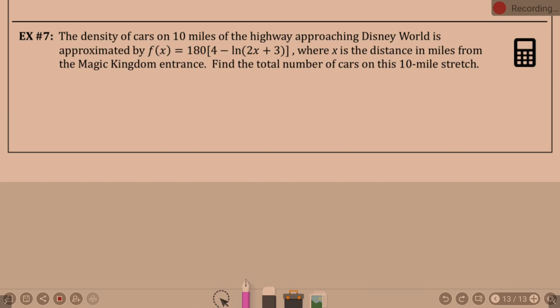The density of cars on 10 miles of the highway approaching Disney World is approximated by f of x equals 180 times 4 minus natural log of 2x plus 3, where x is the distance in miles from the Magic Kingdom entrance. Find the total number of cars on this 10-mile stretch.